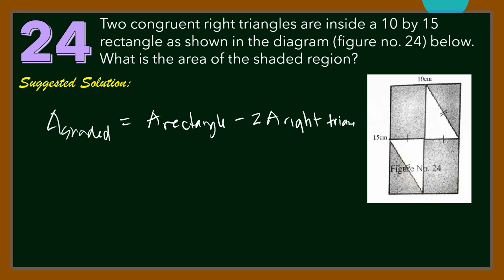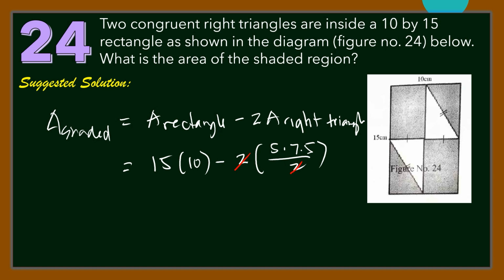And that is equal to 15 times 10 minus 2 times base 5 times height 7.5 divided by 2. 2 over 2 is equal to 1. 15 times 10 is equal to 150 square centimeters.